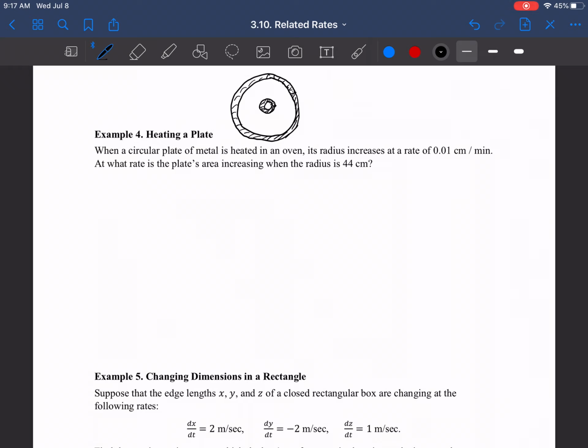Depending on how large your circle is, that same tiny dr change gives you a different amount of area added onto it.